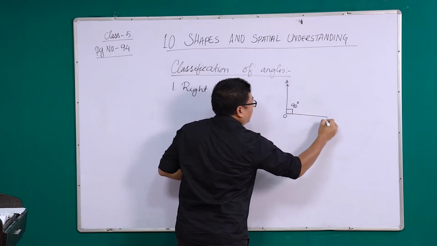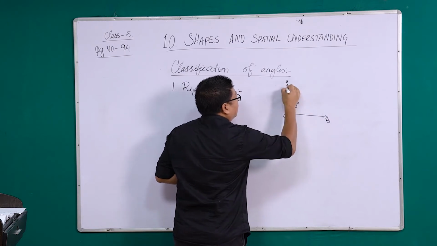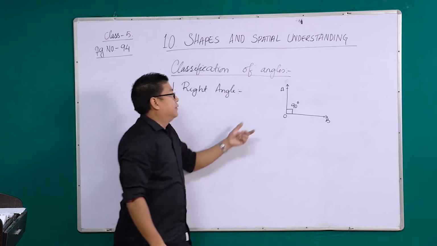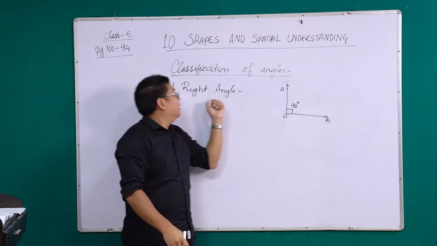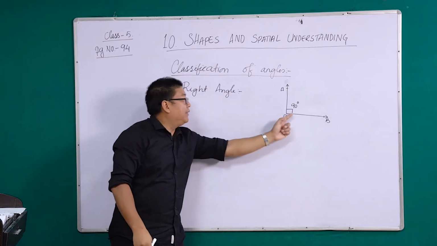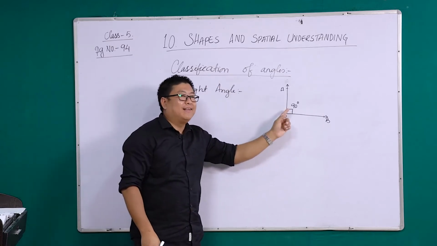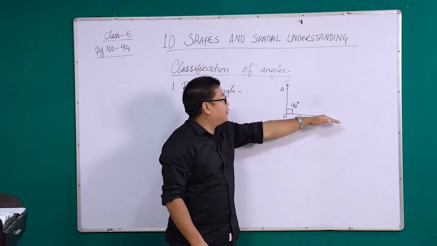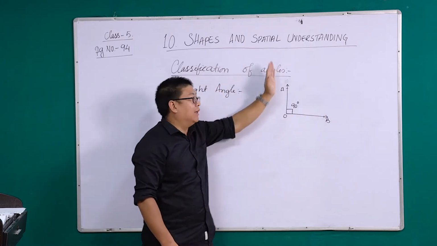A, O, B, for example. Let this be the angle which shows 90 degrees. So if an angle has 90 degrees, that means a straight line on the horizontal and a straight line on the vertical.